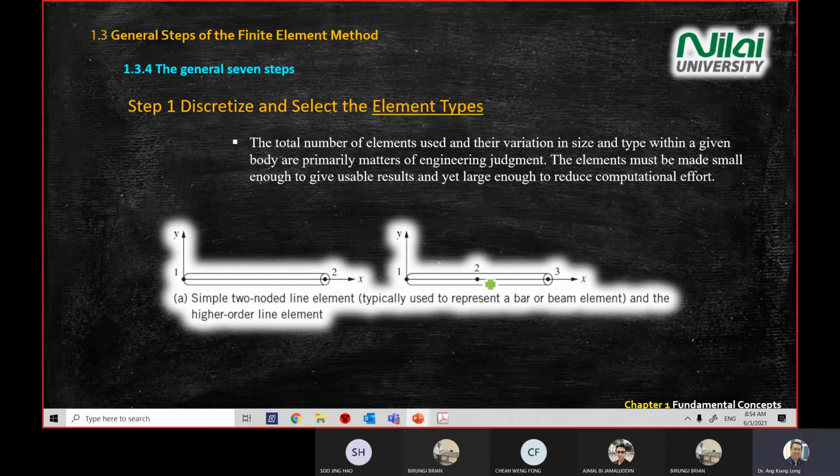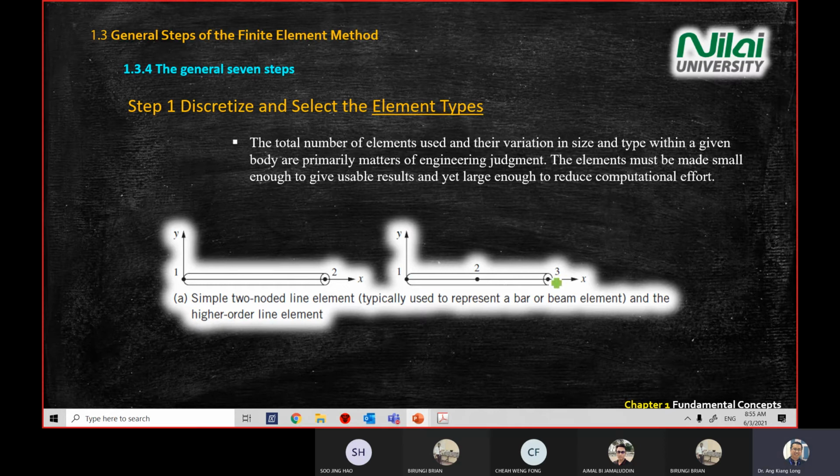Most of the time, the question will tell you, or from the question itself, you'll see how many points that you need to solve. If you are seeing the left-hand side question, you only need to solve 2 points, point 1 and point 2. But if the question gives you on the right-hand side diagram, you need to solve 3 points. In your answer, you'll be seeing point 1, point 2, and point 3.